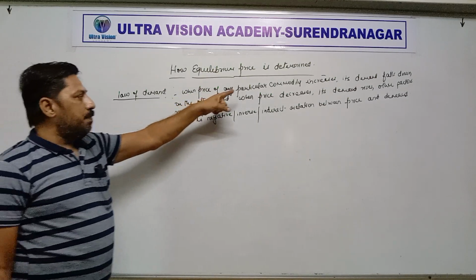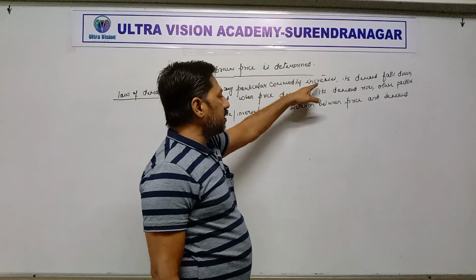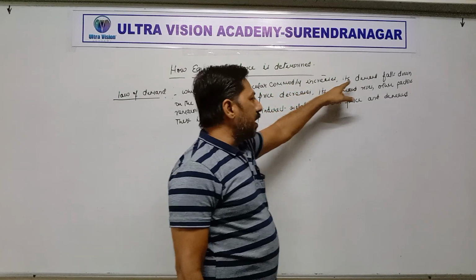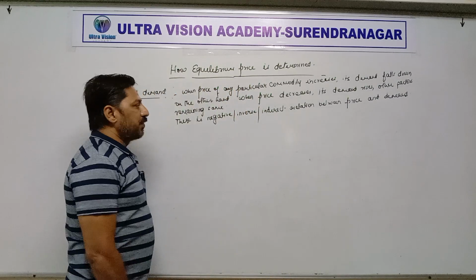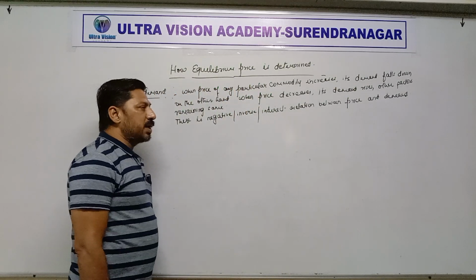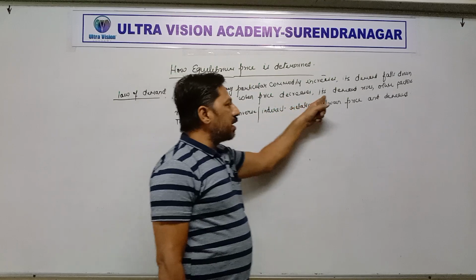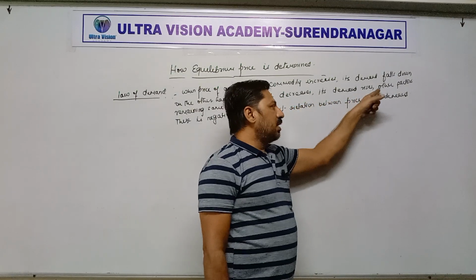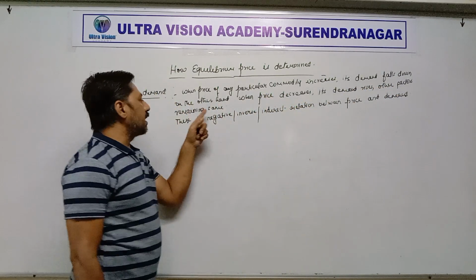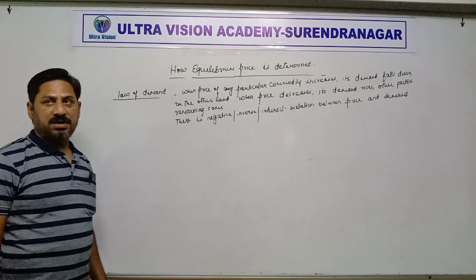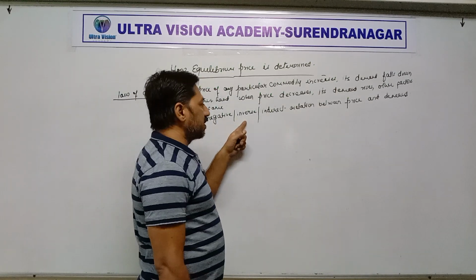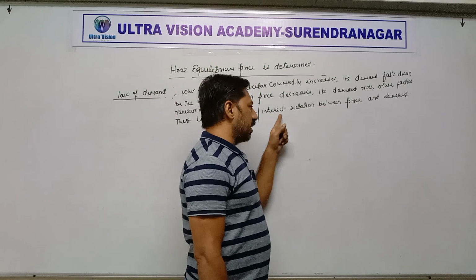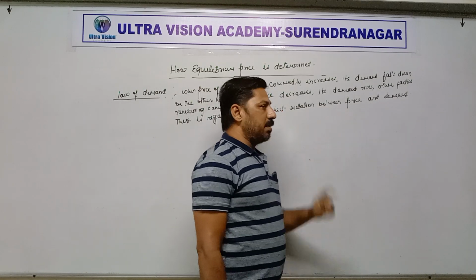Whenever the price of any particular commodity rises or increases, its demand falls down or contracts. On the other hand, if the price decreases, its demand rises or expands. Other factors remaining the same means there is no change in other factors. It means there is a negative, inverse or indirect relation between price and demand.